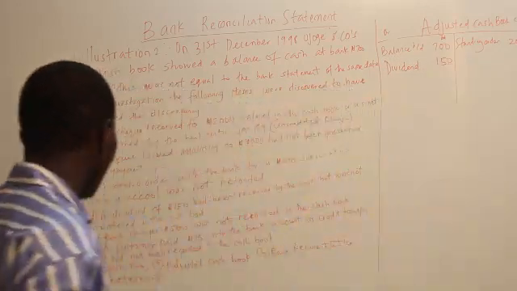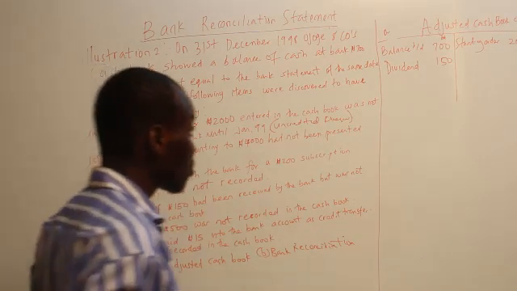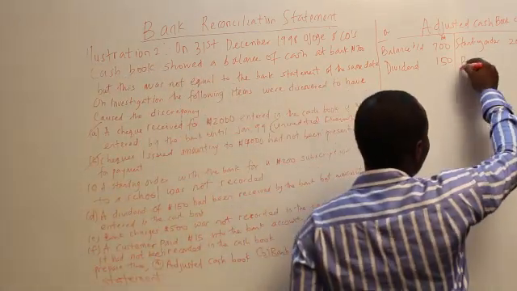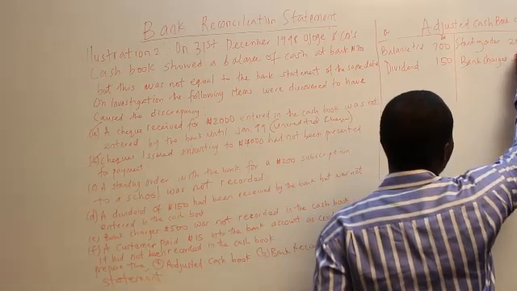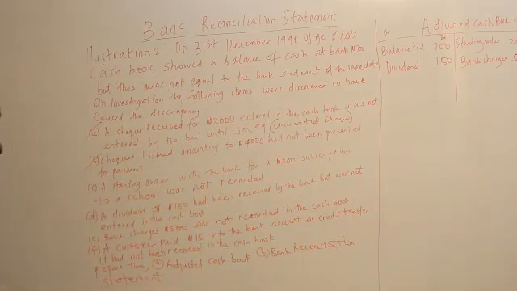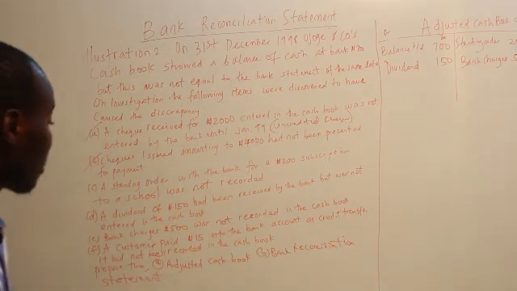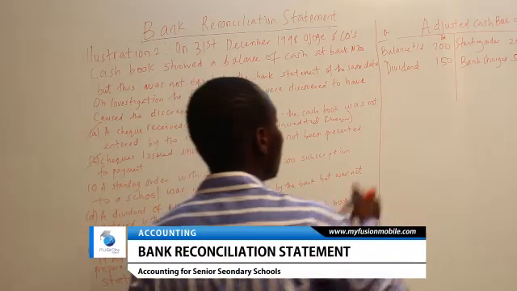Then bank charges of 500 naira were not recorded in the cash book, so we have the bank charges, 500 naira. Next, a customer paid 15 naira into the bank account as a credit transfer, which has not been recorded in the cash book. So we have the credit transfer.